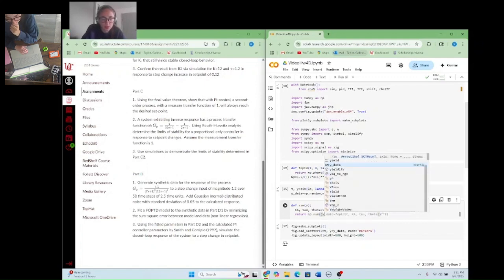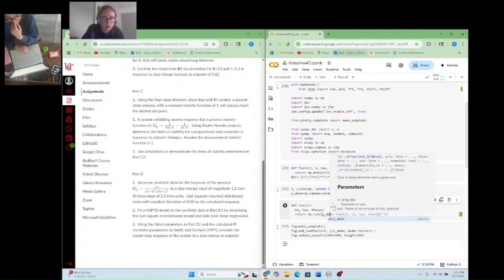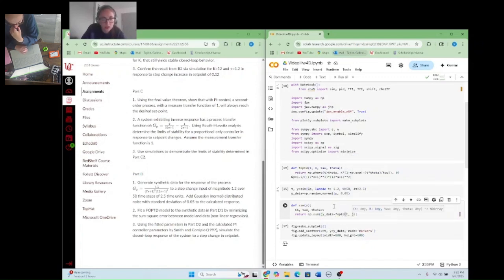So we're going to subtract our y data, so our synthetic data, minus our function, the Hw4D, where it's t, k, tau, and theta. Okay. And we're going to square that. Might be Ka actually.